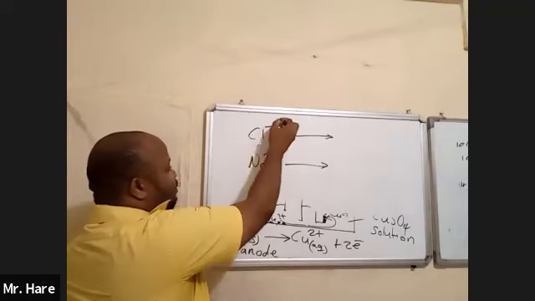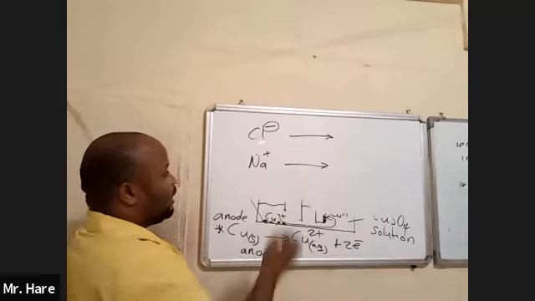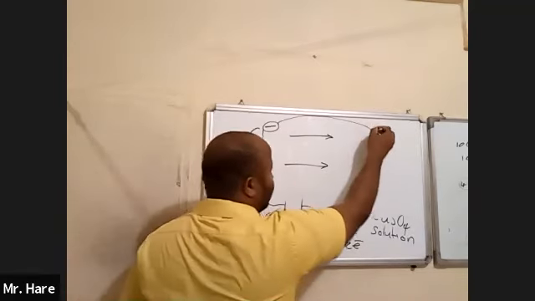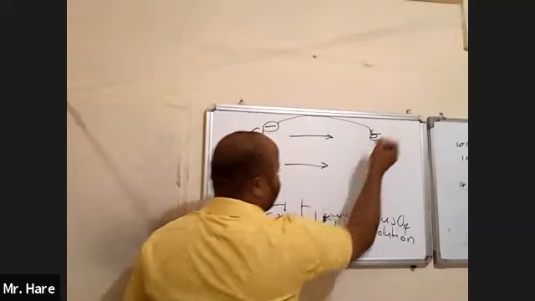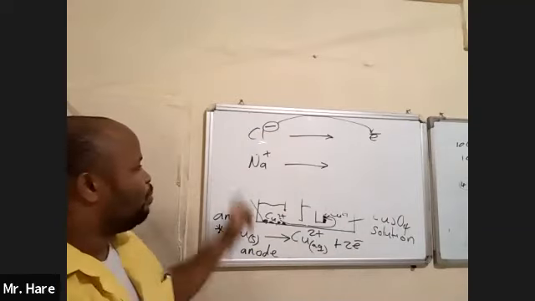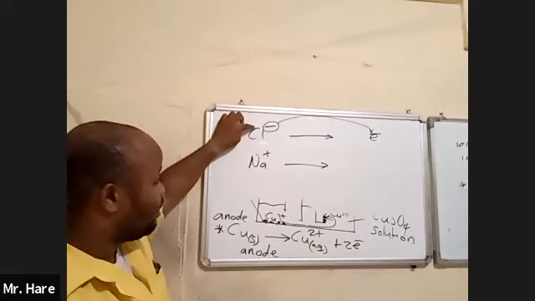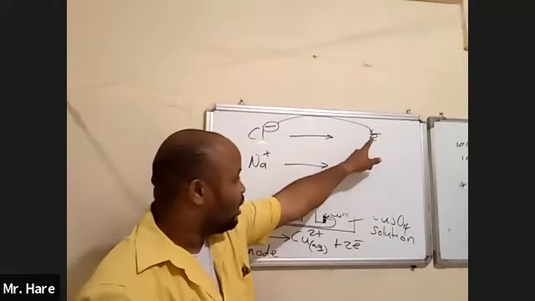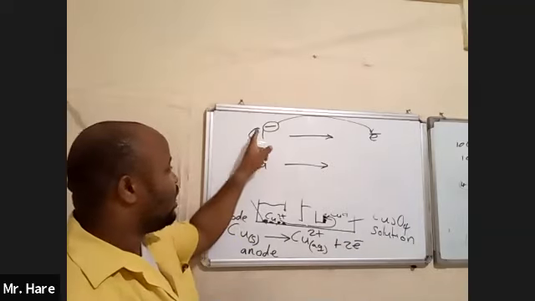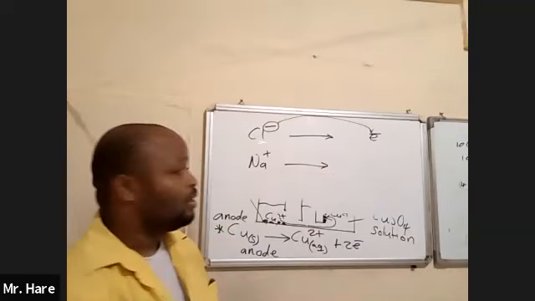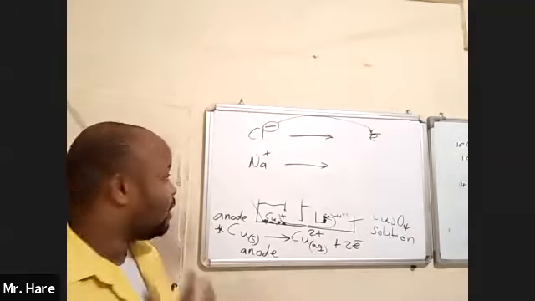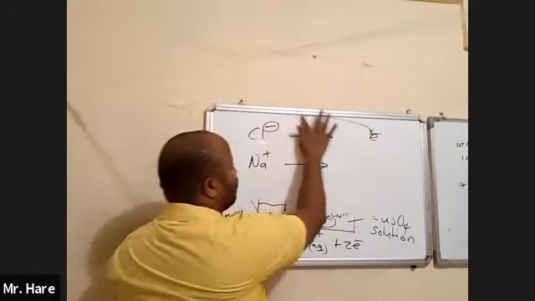If it's a negative ion, it is going to give up the electron. All right? And so the electron must be on the right-hand side. If it's a negative ion, it is giving up the electron, so the negative ion and the electrons must be on opposite sides of the arrow.